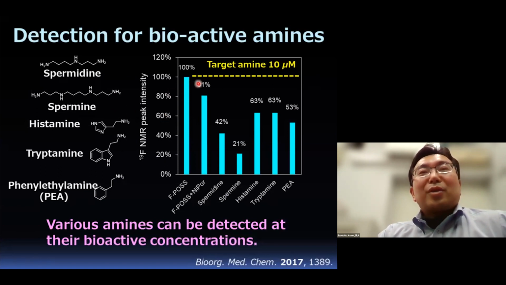So, as you can see, we can detect the existence of a trace amount of such significant molecules. So, based on the hybrid chelators, we can improve the sensitivity of MR sensing systems.